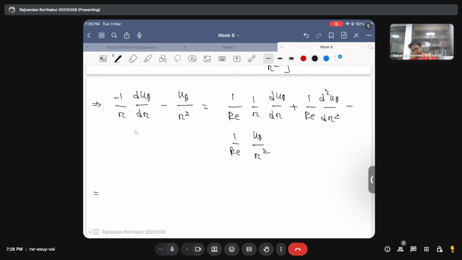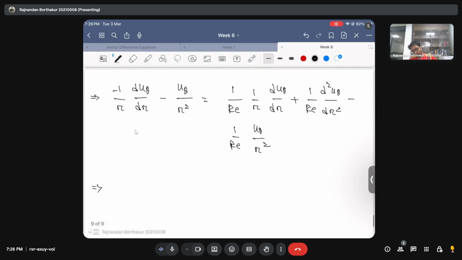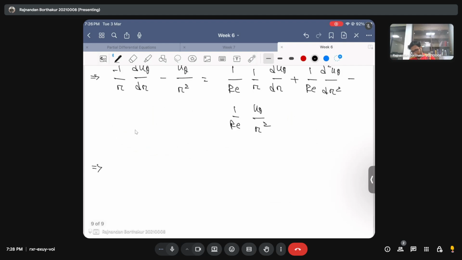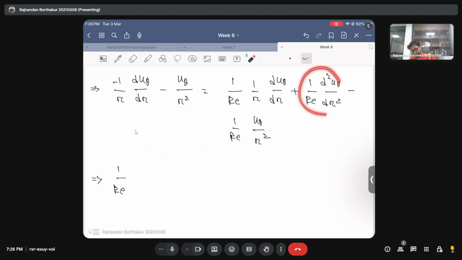So we'll get a very nice little ODE which we are actually familiar with, and we will see. So then what we'll get? So we'll get 1 upon Re. Okay, so this is 1 upon Re, I'll just take this term, which is d2 u theta by dr2.